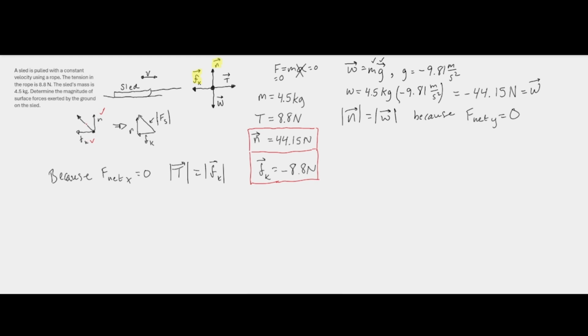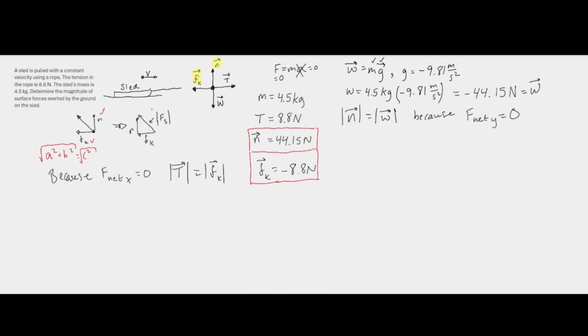Now all that's left is to find the hypotenuse of this right triangle using the Pythagorean theorem, which we know is a squared plus b squared equals c squared. If we take the square root of both sides, then we're left with c is equal to the square root of a squared plus b squared.